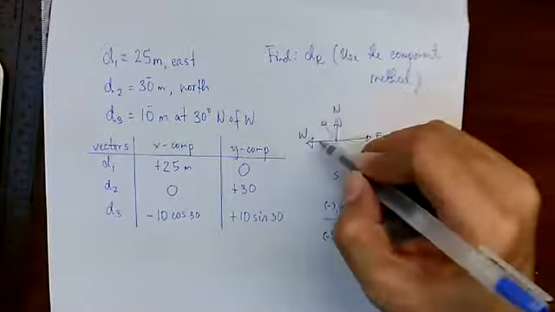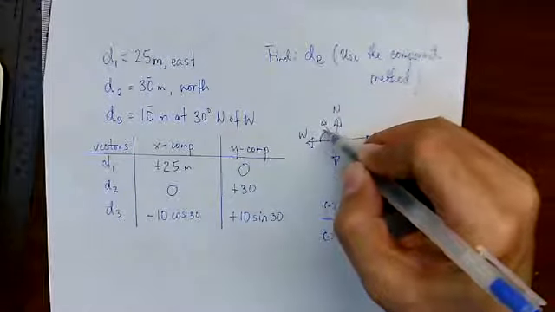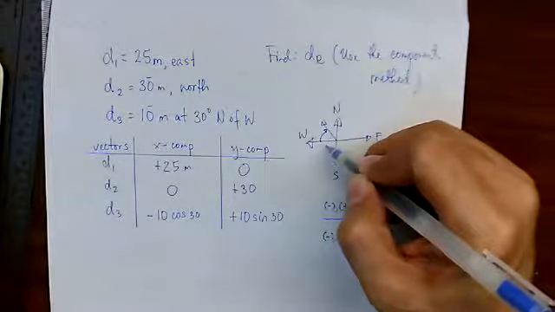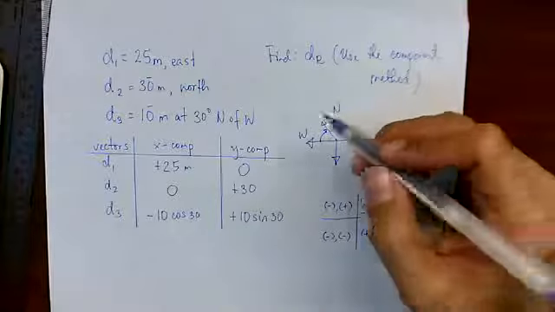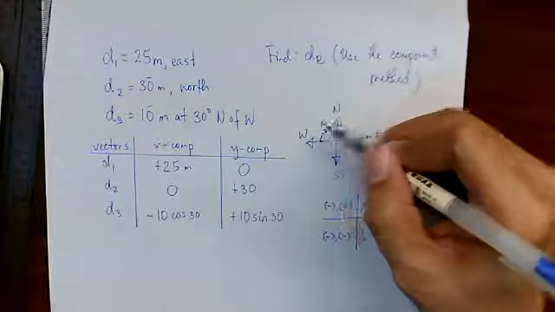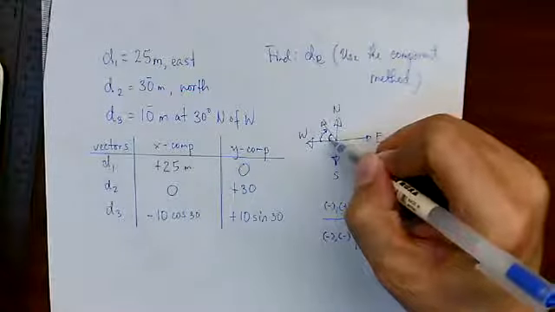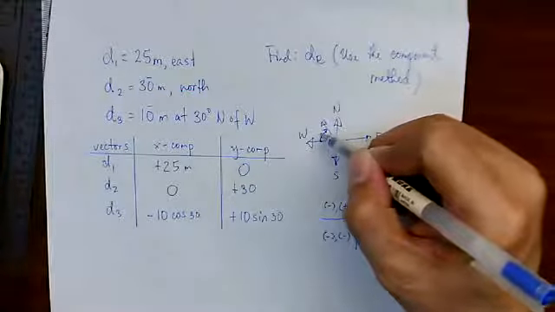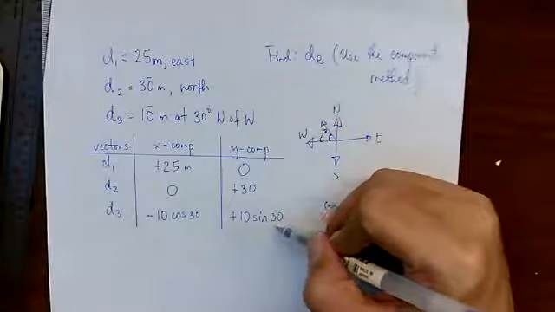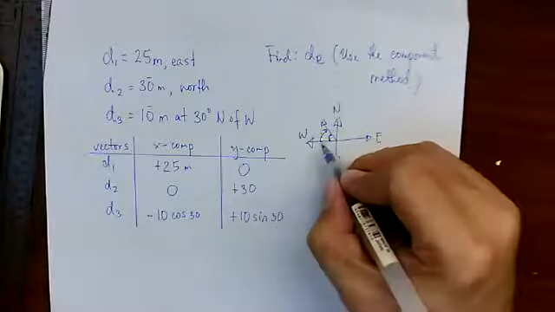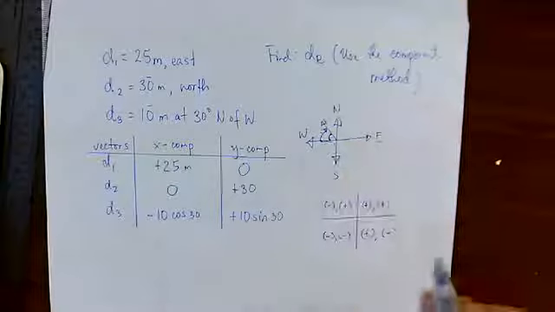Since this is north of west, meaning the angle opens from the west heading towards the north, if this is your angle theta, this 30 degrees, the one opposite it would be positive 10 sine 30, and the one adjacent would be negative 10 cosine 30.